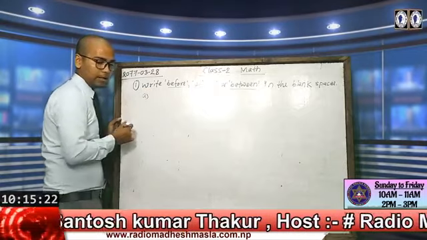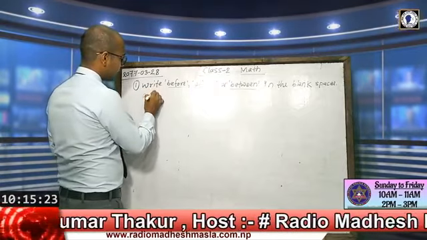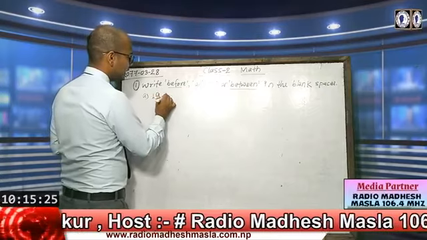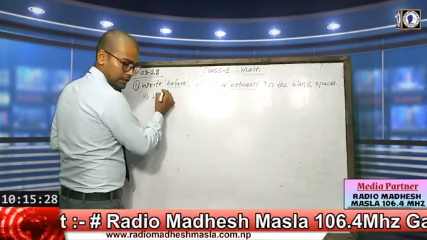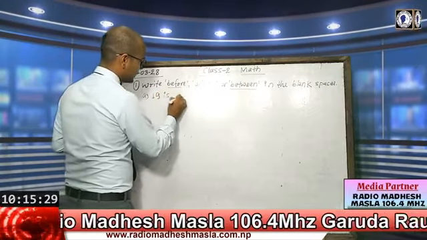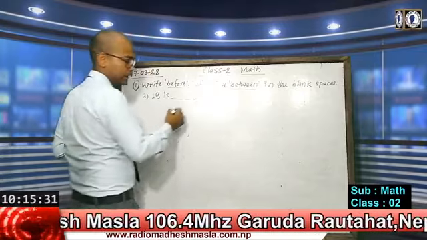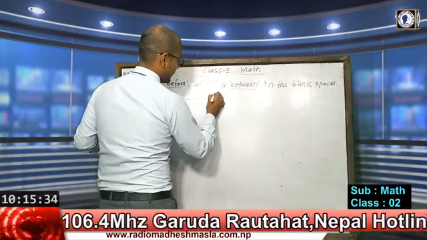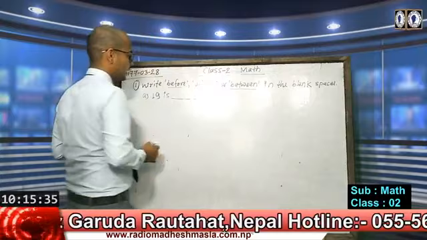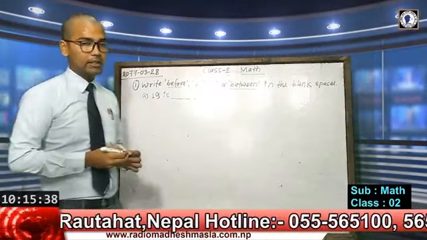Suppose our first question will be like this. In question A, suppose there is 19 is dot dot dot dot 20.